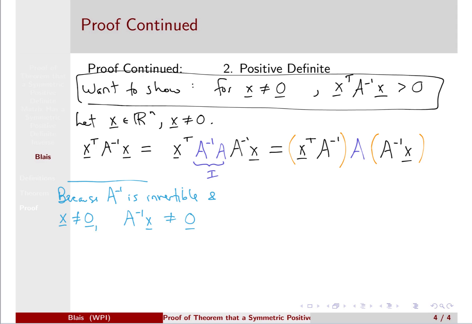Essentially, the null space of A inverse consists of only the zero vector. Since x is non-zero, A inverse x thus cannot be zero.